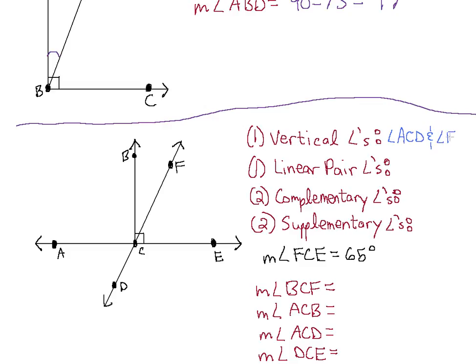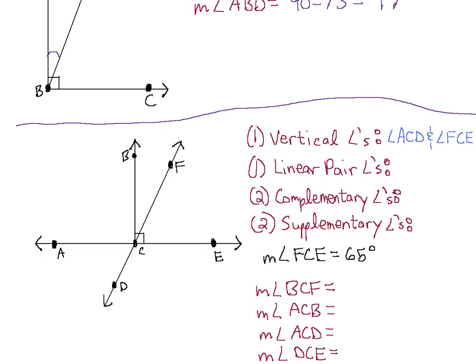These two angles are called vertical angles, and that's because this line and this line are both straight lines, and the two angles across from each other, the non-adjacent angles, are called vertical angles. All right, fairly straightforward. Let's take a look at the next one.